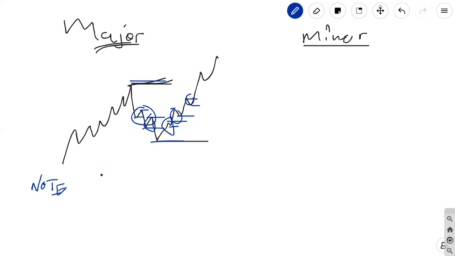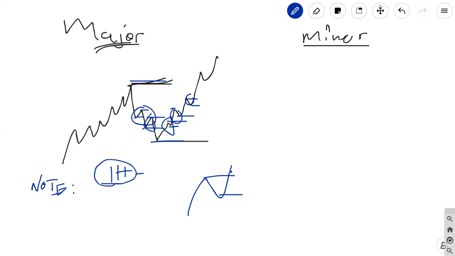When we are trying to look at the major and minor structure, we don't change time frame. For example, if you are in a 1 hour time frame, you need to observe major and minor structure on that same time frame. You cannot mark, for example, this is the 1 hour time frame structure, and then go to the lower time frame to look for minor structure inside there.